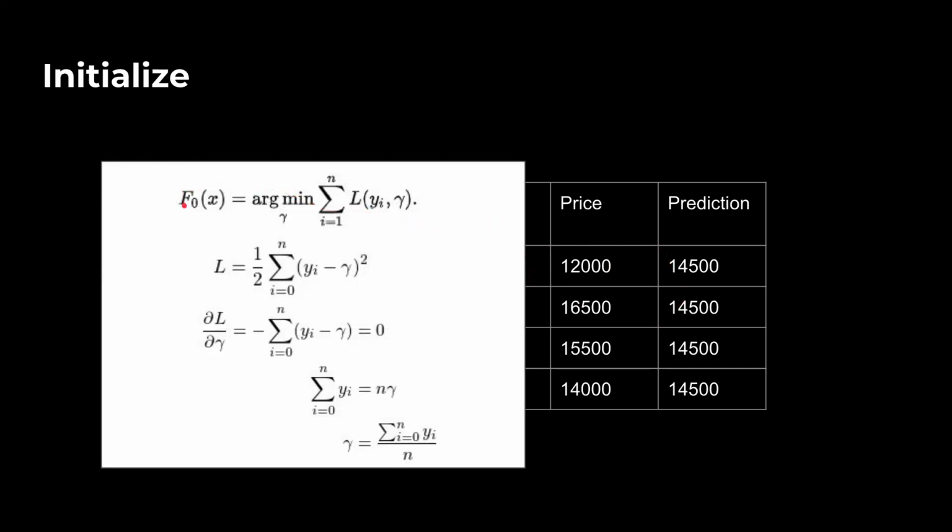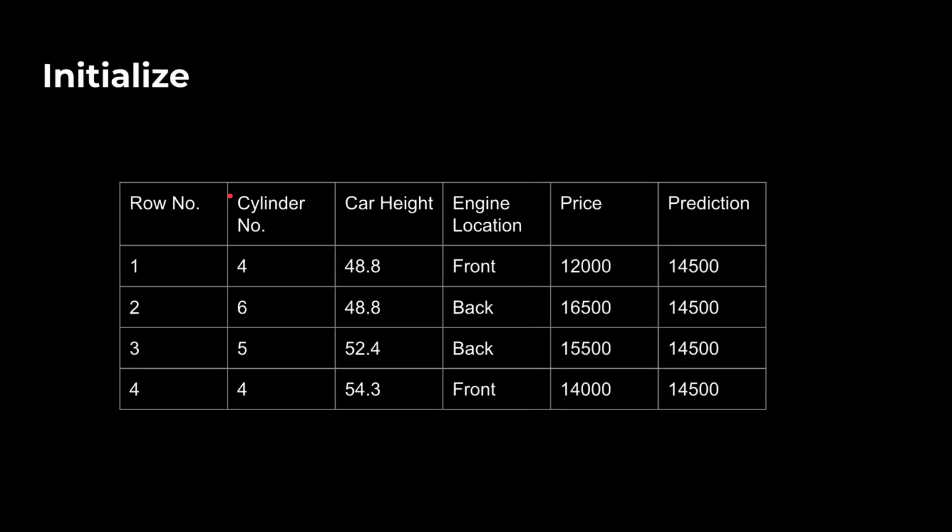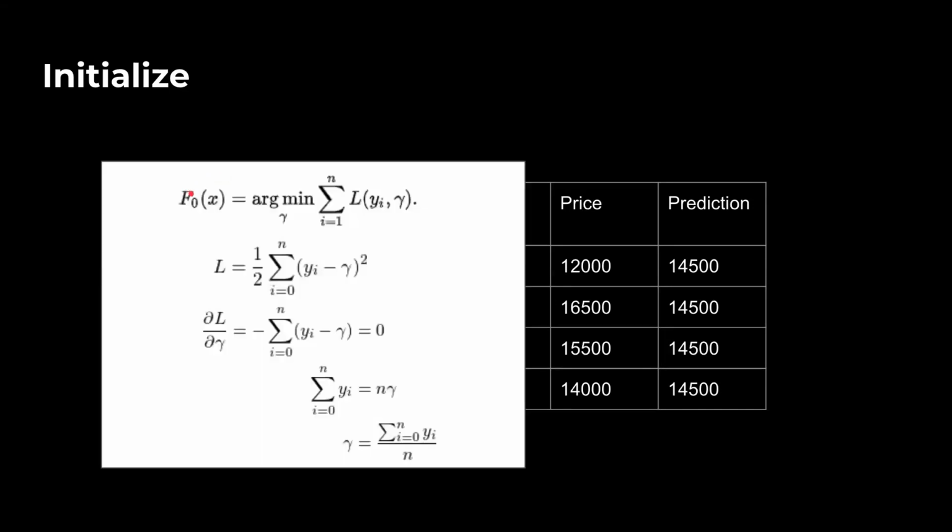To interpret this, this is f sub 0 of x. x here is the input, so going back, this will be the cylinder number, car height, engine location, and f is the prediction, right? And the 0 is the iteration number, so this is the initial prediction.